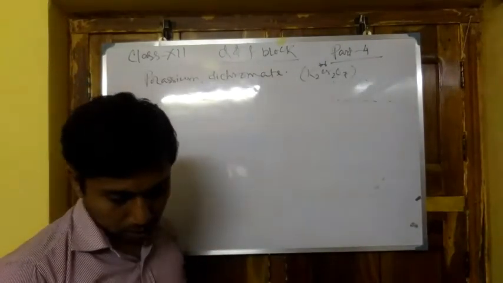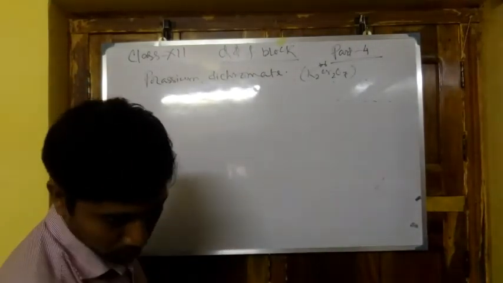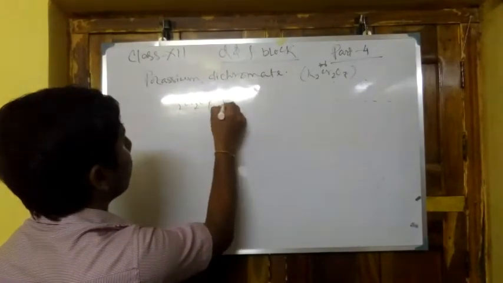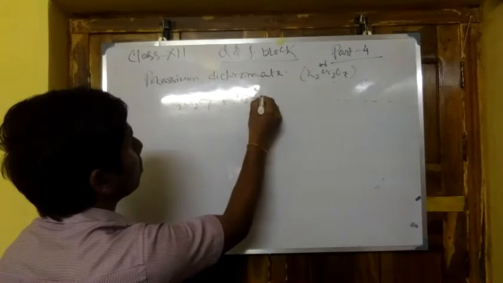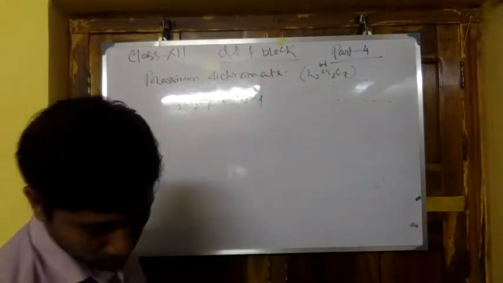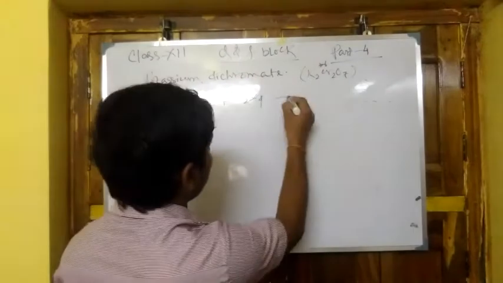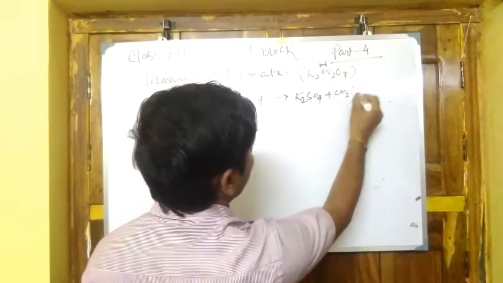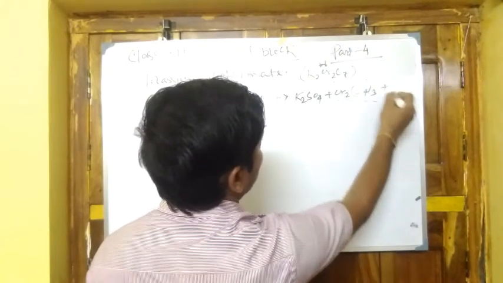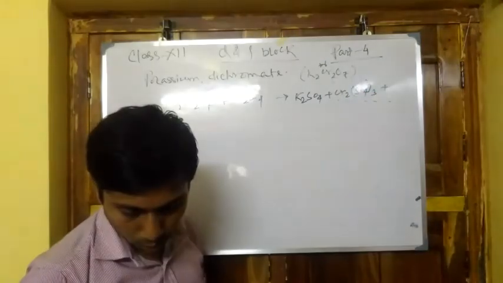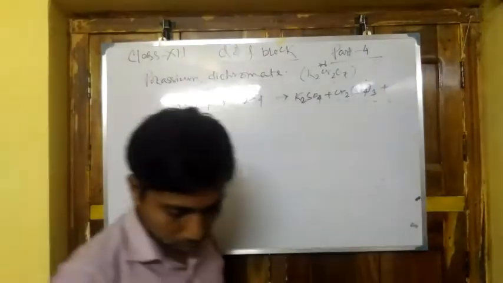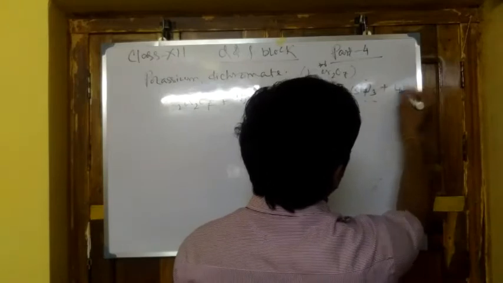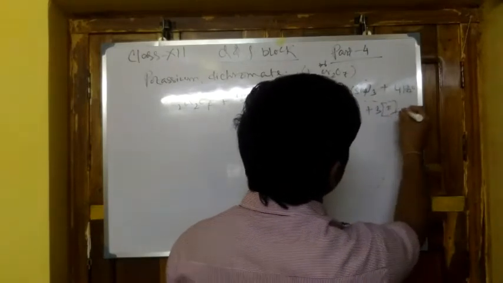Just follow it: K2Cr2O7 plus H2SO4 forming K2SO4 plus Cr2(SO4)3 plus 4H2O plus 3 nascent oxygen.